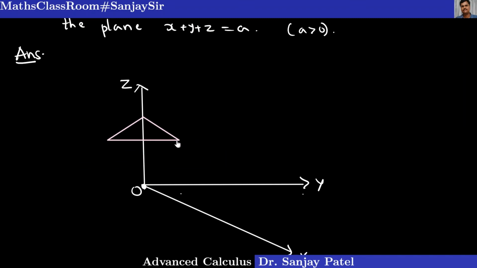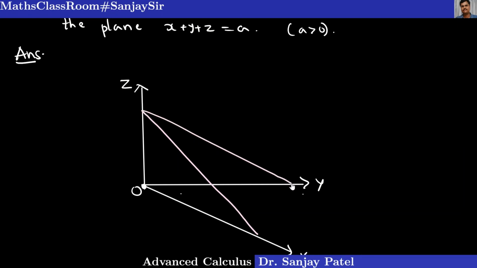This is not coming properly, so I can draw a triangle type of region. Fine, so this is a plane.